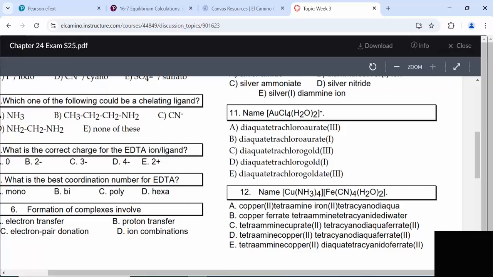So it's between D and E. Tetraamminecopper 2. Okay, both of those are fine. Then we have to go to the anion. And so we're going to have tetracyano diaquaferrate 2, or diaqua tetracyanidoferrate.